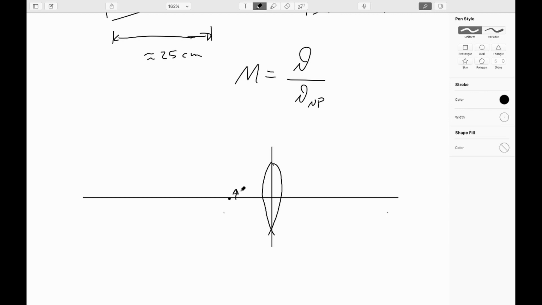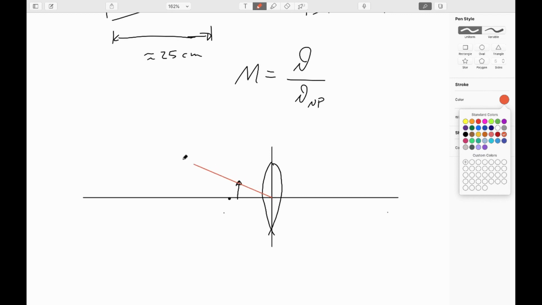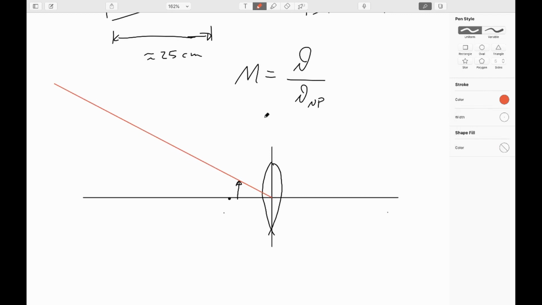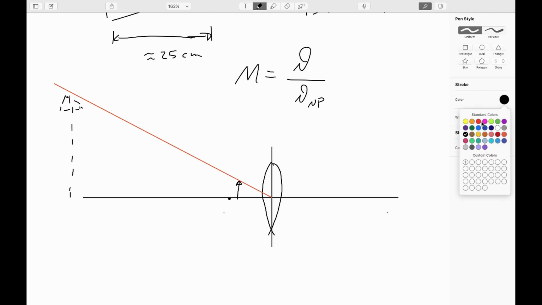By doing that, you know that you're going to make some sort of absolutely enormous image. If we go and track the central ray, that's not what's really important. What matters is the angle that we're taking up, and it's this. So this is our angle theta right here.